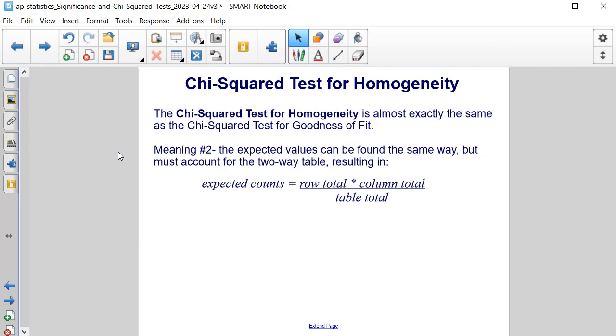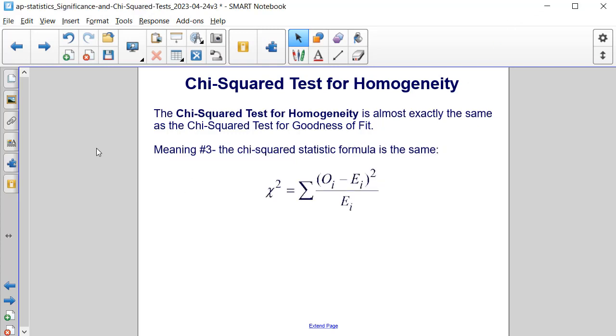Meaning number two, the expected values can be found the same way, but must account for the two-way table, resulting in the expected counts being equal to the row total times the column total, all divided by the table total. Meaning number three, the chi-squared statistic formula is still the same.